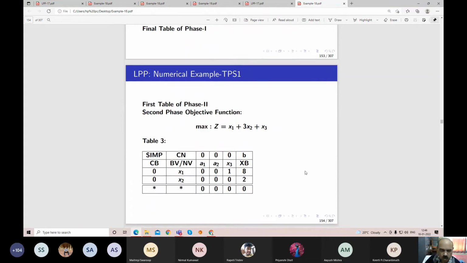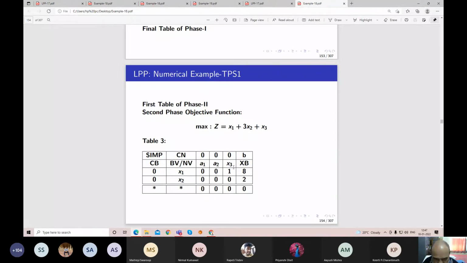Now we want to use the second phase objective function. The second phase objective function means we want to maximize Z. It has coefficients: x1 coefficient is 1, x2 coefficient is 3, x3 coefficient is 1. Now tell me where I want to put these coefficients. The A1, A2 columns we don't want to touch.